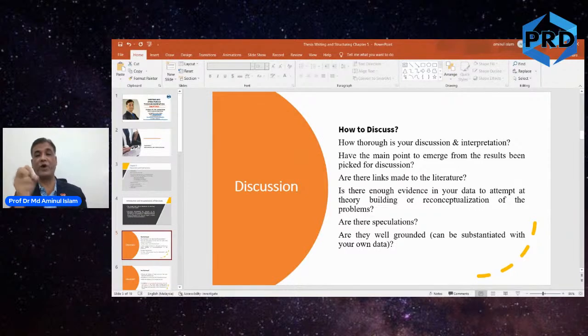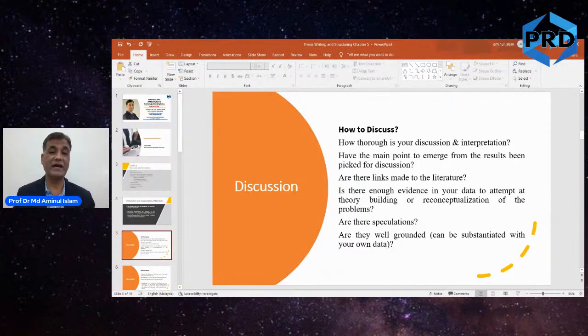So key and major points got to be highlighted. That's where many students make mistakes. When you read their discussion, they do a solo discussion, following a flow and having findings there, followed by comparing with the literature and all that, failing to highlight what is so different that you found compared to the previous researchers. That's very important that you got to keep in mind.